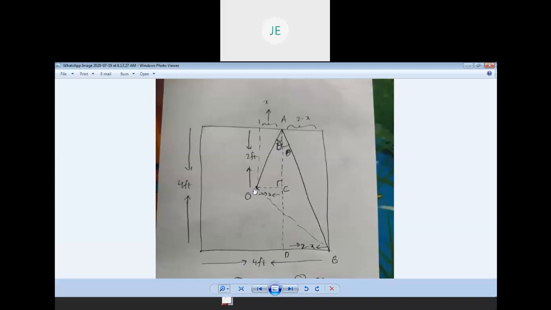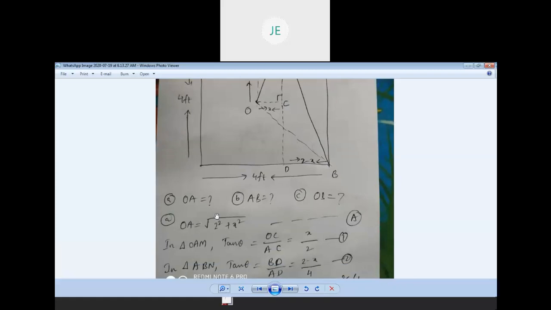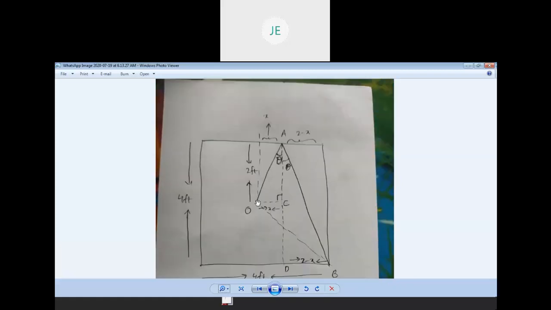In the first part of the question we have to find OA. In order to find OA, in this right angle triangle, apply the Pythagoras theorem: OA square is equal to height square plus base square, so OA square is equal to 2 square plus x square.